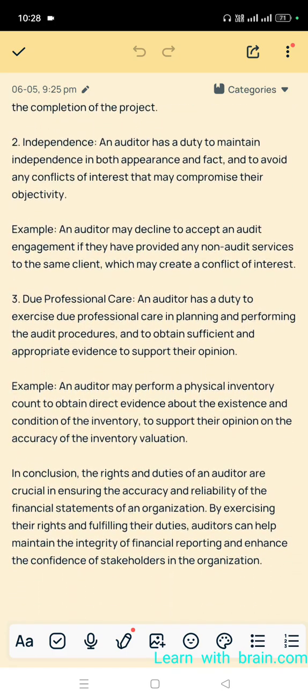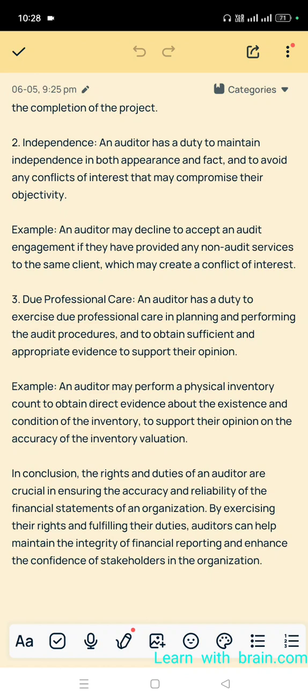Next duty, independence. An auditor has a duty to maintain independence in both appearance and fact and to avoid any conflicts of interest that may compromise their objectivity. So independence means what? An auditor has the duty to maintain independence in both appearance and fact.